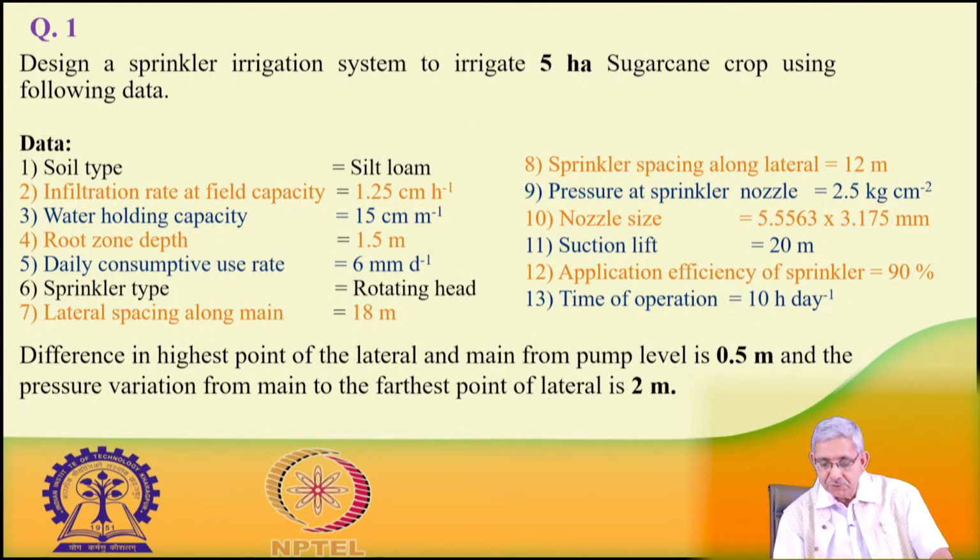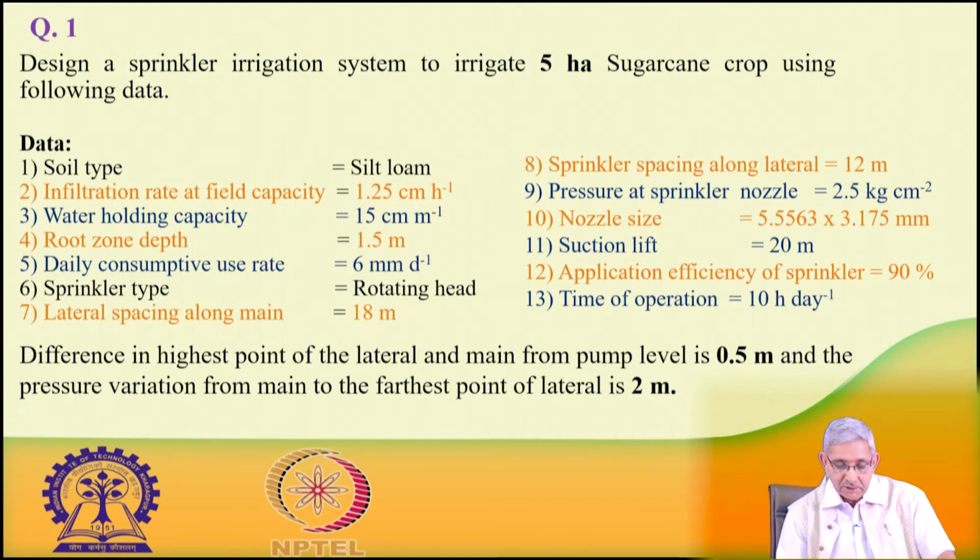The pump used to take water from the well has a suction lift of 20 meter. The application efficiency of the sprinkler system is 90%, that is the irrigation efficiency we can say, and the system operates 10 hours per day. So, these are the data which are available.